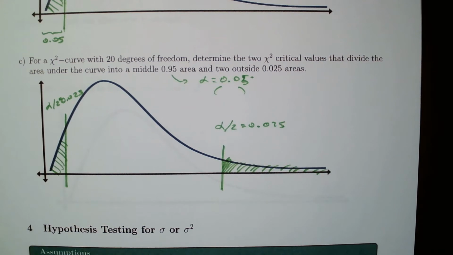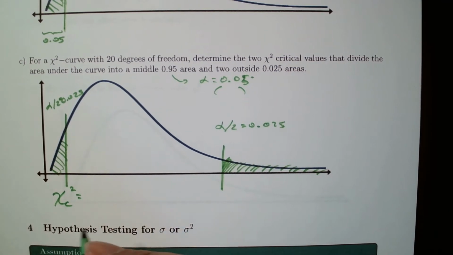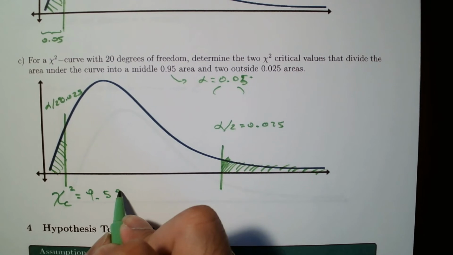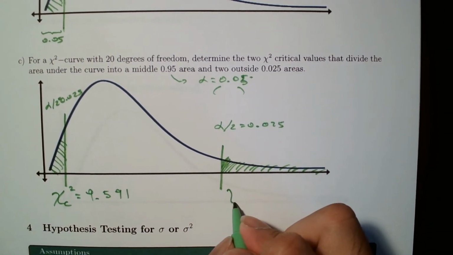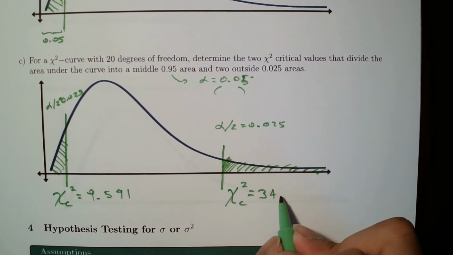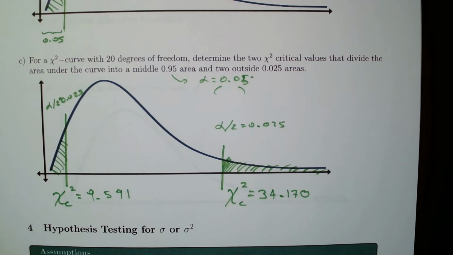So we're going to have two chi-square critical values, one to the left, which is 9.591, and another, 34.170. Two of them.